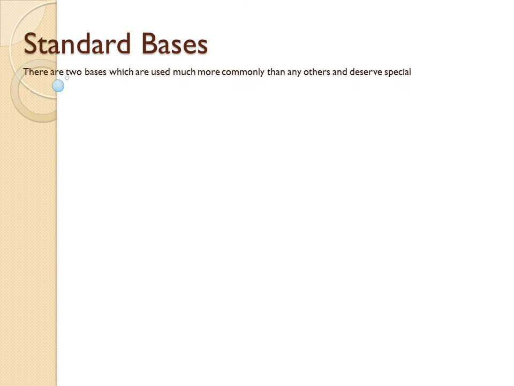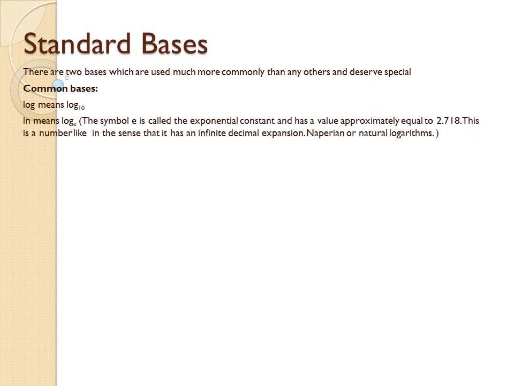Next we will consider two bases. In the study of logarithms, we will encounter two types of bases. One is base 10. Whenever log comes with base 10, it is called the common logarithm, and whenever log comes with base e, it is called the natural logarithm. Why is e coming? Because e is the exponential constant with a value approximately equal to 2.718. It is an irrational number, with an infinite decimal expression.